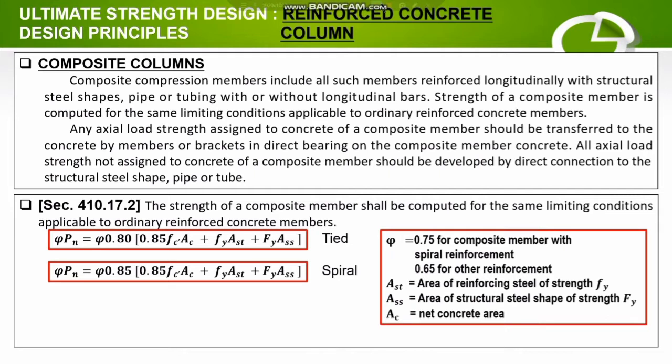According to section 410.17.2, the strength of a composite member shall be computed for the same limiting conditions applicable to ordinary reinforced concrete members. The ultimate strength design φPn is given by the formula φ times 0.80 times the quantity 0.85 fc' Ac plus Fy Ast plus Fy Ass for tied reinforcement.